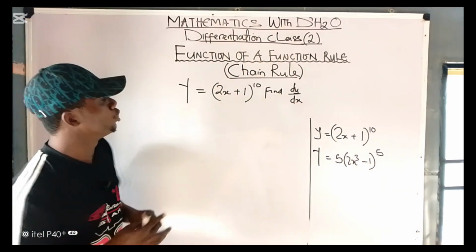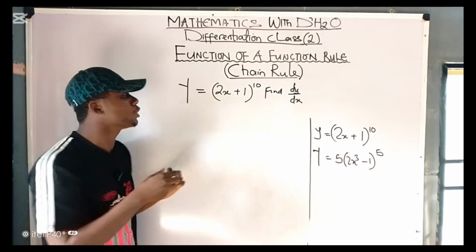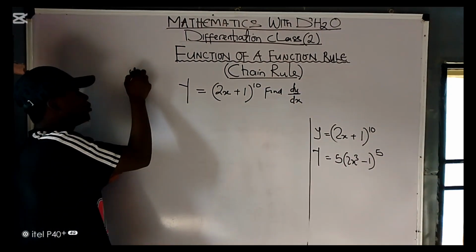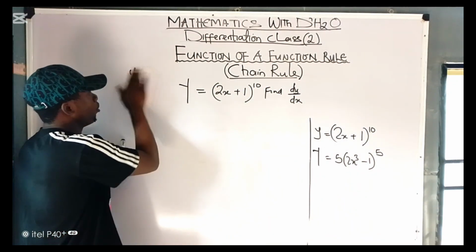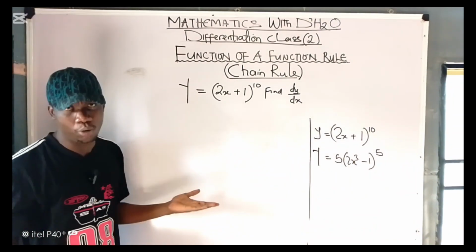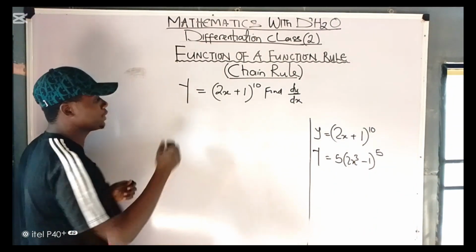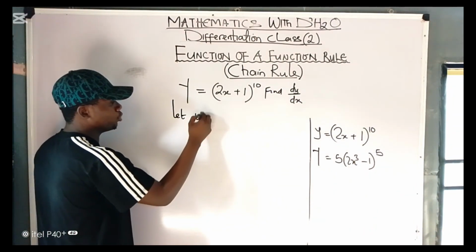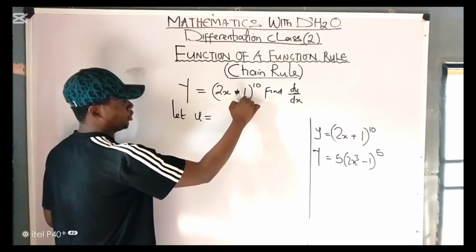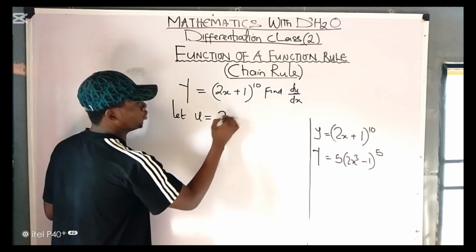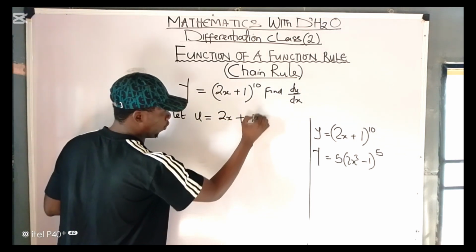First of all, you introduce another variable which could either be u, z, or any alphabet of your choice. But most times you have u being common, so let us use u. We simply say let u be equals to everything here. So u will be 2x plus 1.